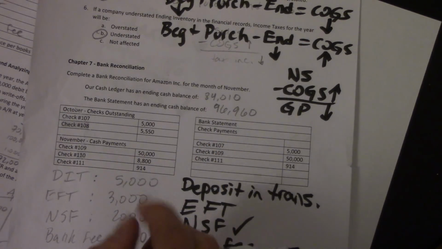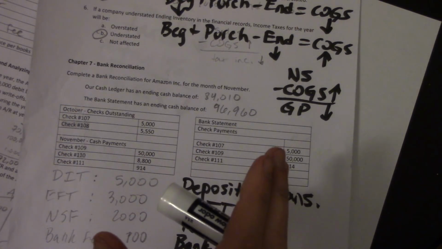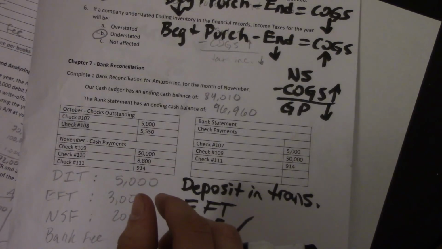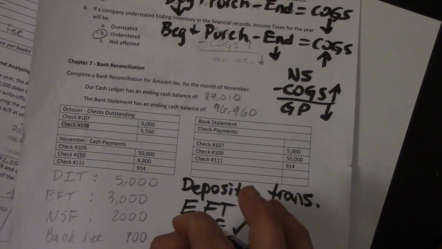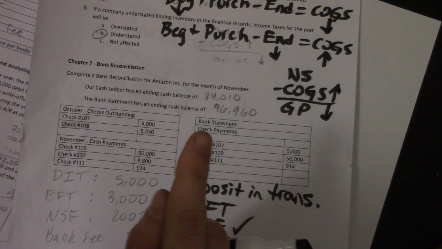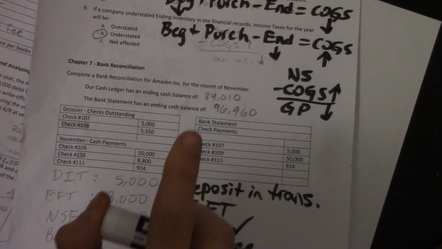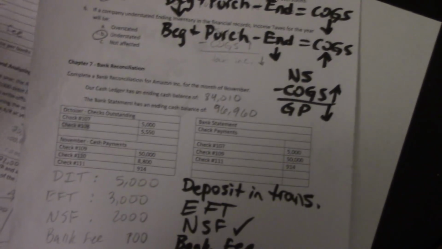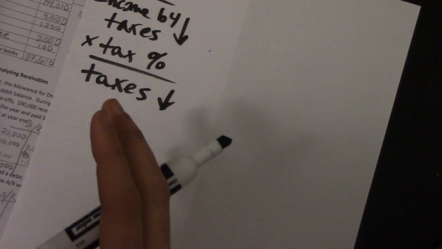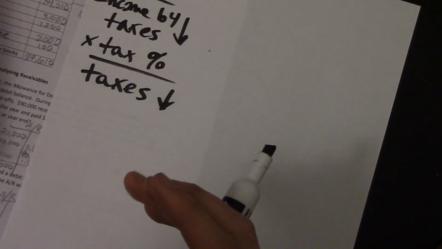Think about it like you give a check to your niece or nephew for Christmas, but they haven't deposited the check yet. You know you paid them money, but your bank doesn't know that you paid them money. So, since one person knows and the bank doesn't know, there needs to be some reconciliation.